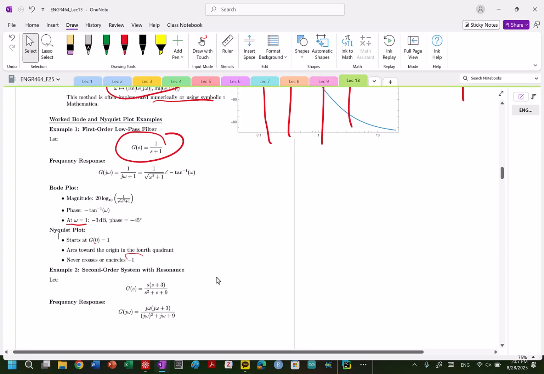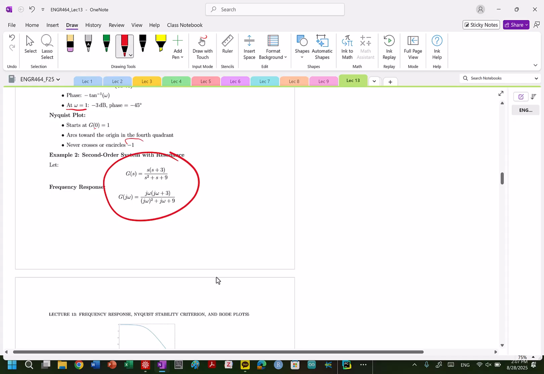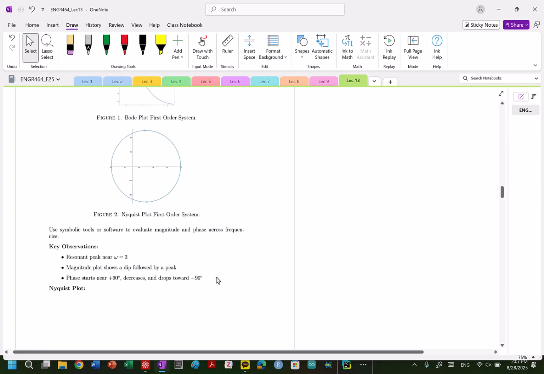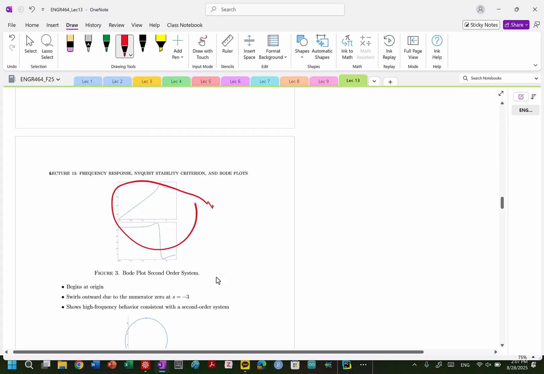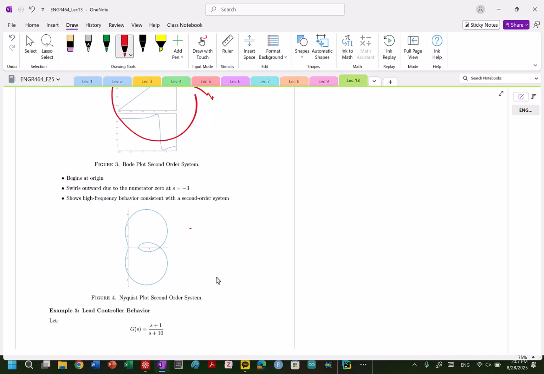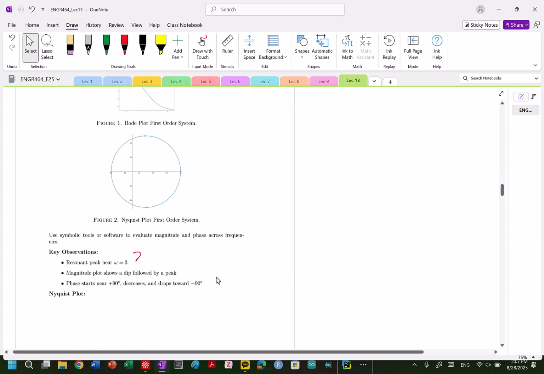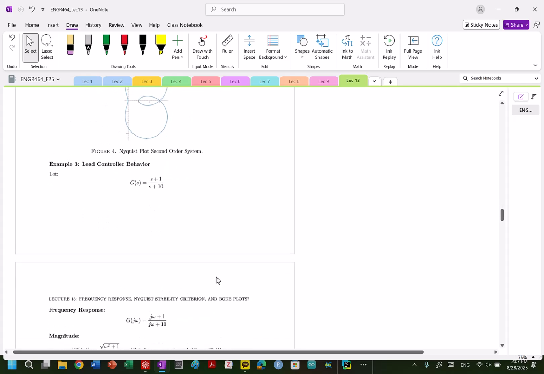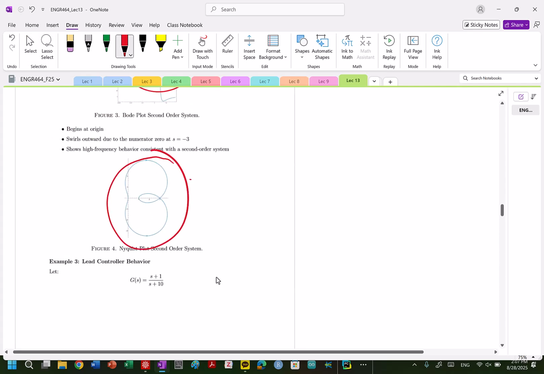We'll analyze that a bit more. We could look at different systems here, and you can see the resonant frequency in these Bode plots, and then very different behavior here. You can see these different Nyquist plots.